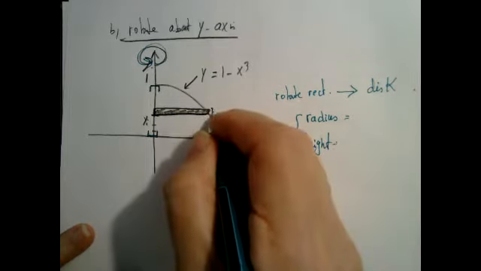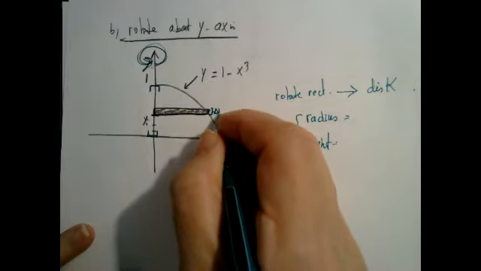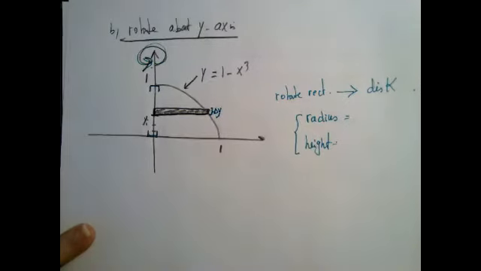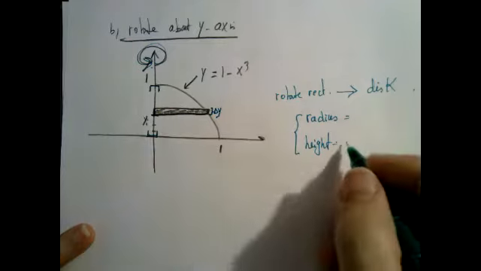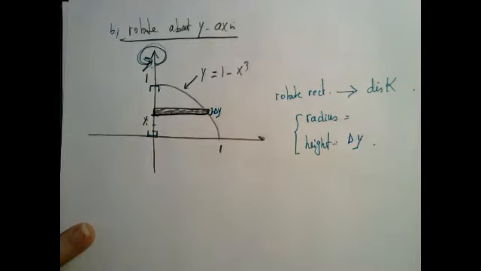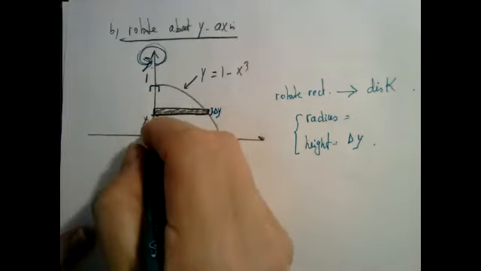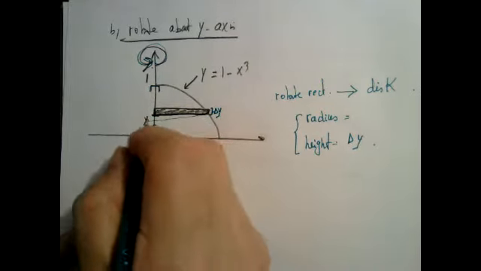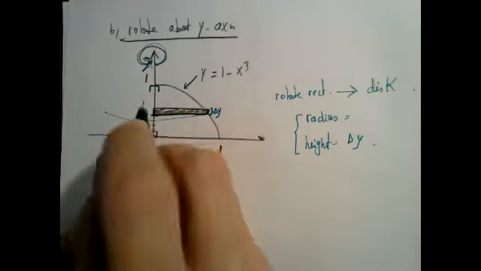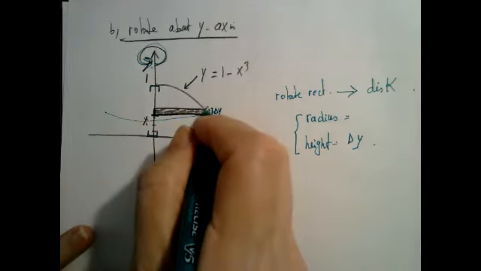The height is from here to here, the height of my disk, that's my delta y. What's the radius of my disk? That's the radius, because when I'm rotating this around here, that's going to be the radius.